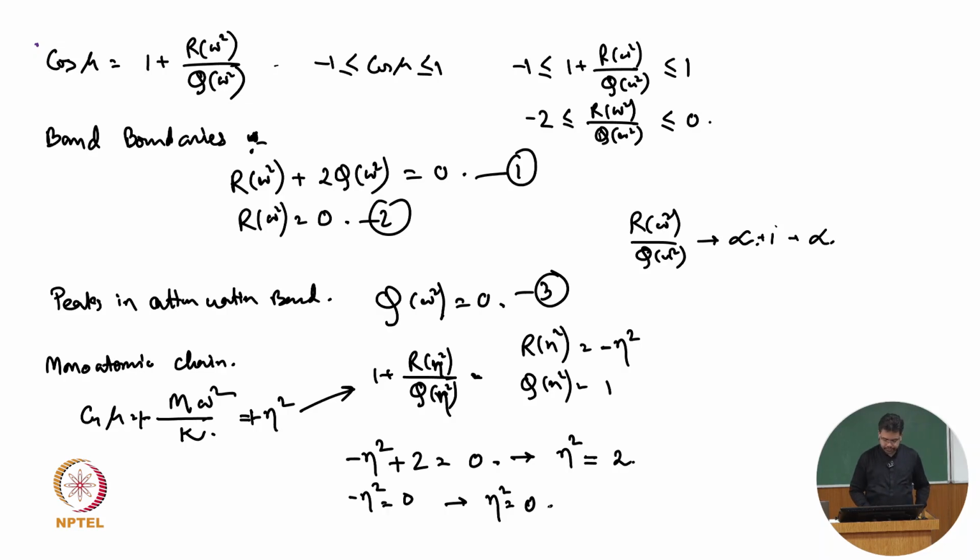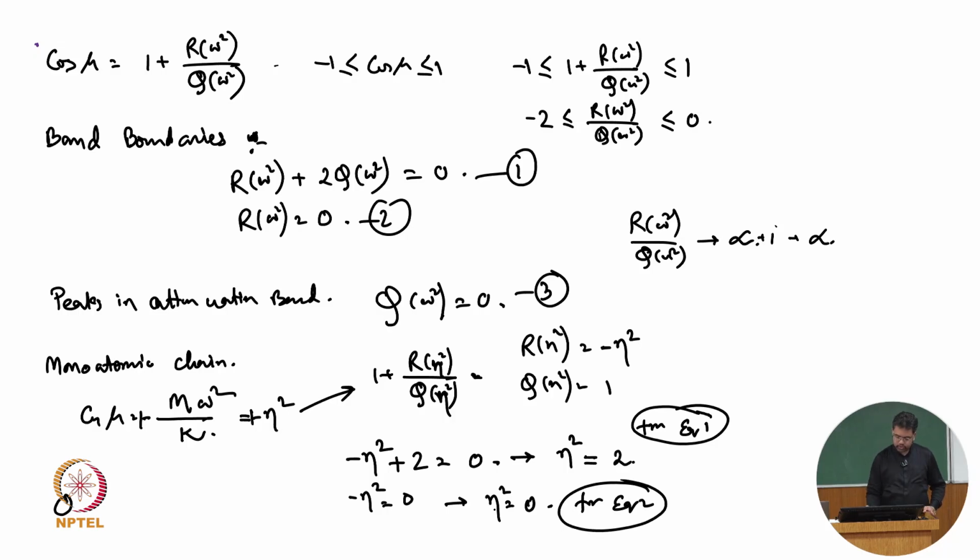So this is from equation 1, and this is from equation 2. These two things we are getting. So here the output is eta equal to root 2. I am not taking plus minus because obviously the negative side of eta we are not considering.